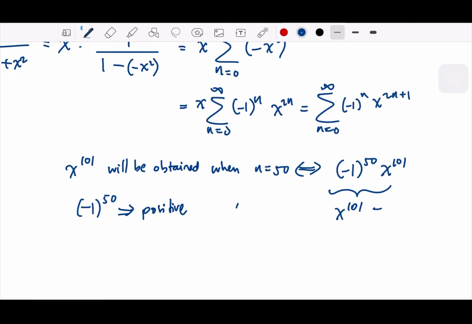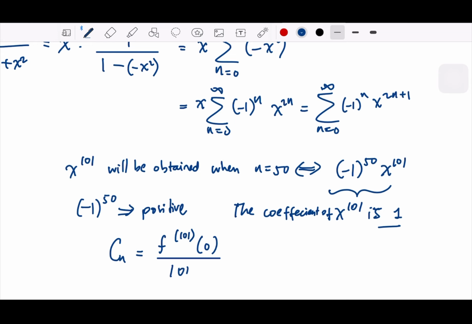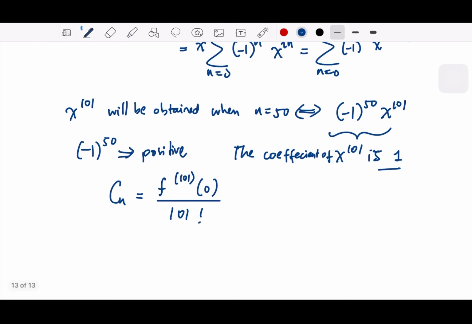The coefficient is 1. Okay, and the coefficient must equal this. Okay, so we will see that this term is equal with 101 factorial.